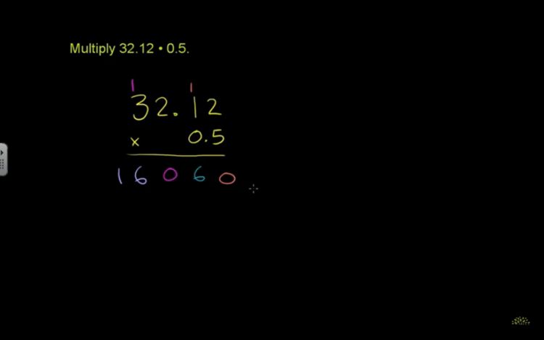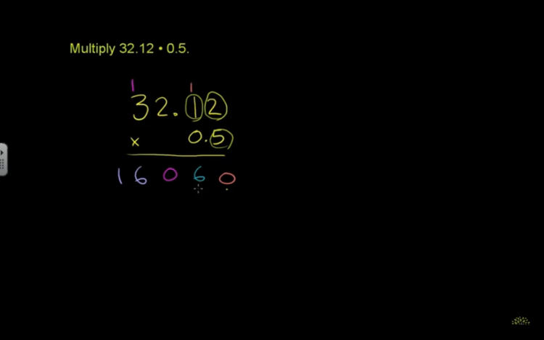But now we want to care about the decimals. We just have to count the total number of spaces or places we have behind the decimal point in the two numbers we're multiplying. So we have 1, 2, 3 spaces, or 3 numbers to the right of the decimals in the two numbers that we're multiplying. So we need that many numbers to the right of the decimal in our answer.